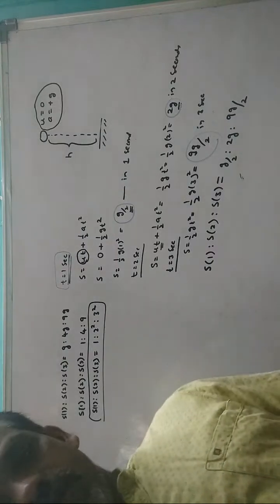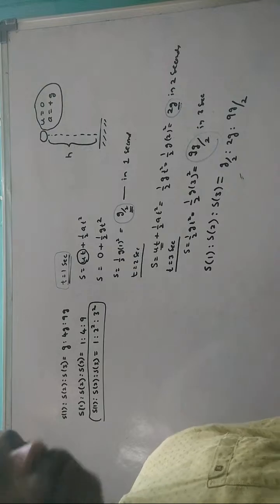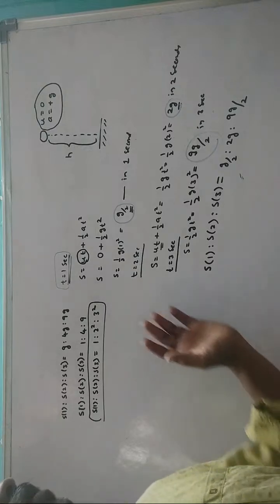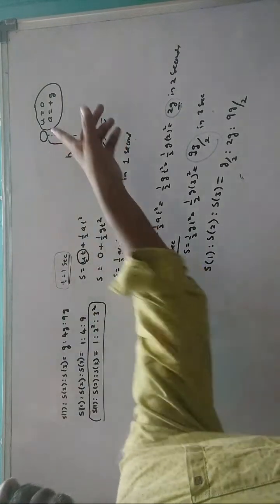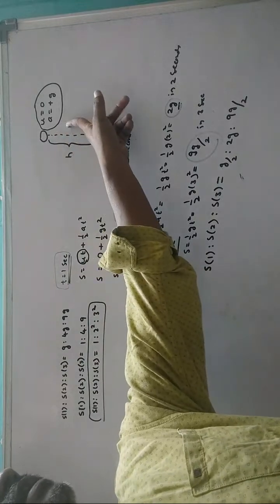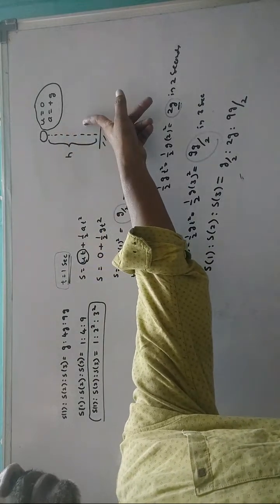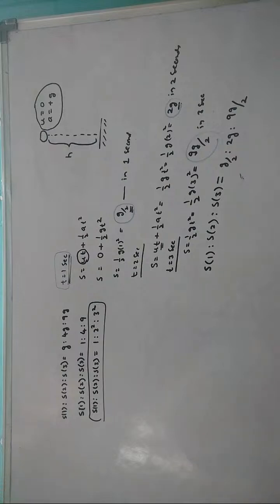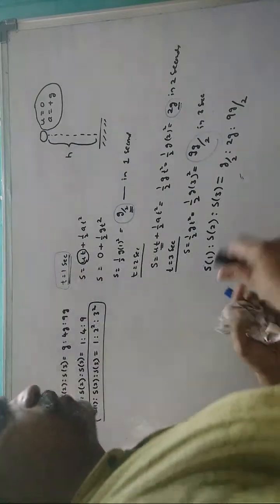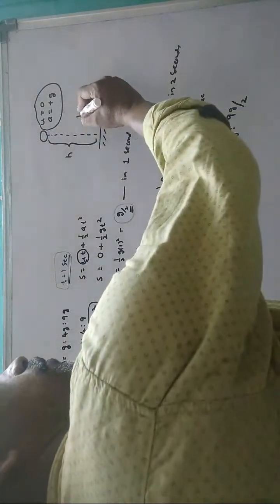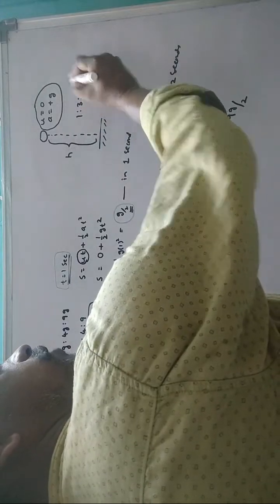So here, what did we do? In the last class we discussed the displacement in the first second, second second, and third second. We got the values in the ratio 1 is to 3 is to 5.